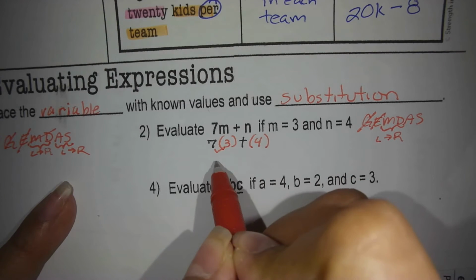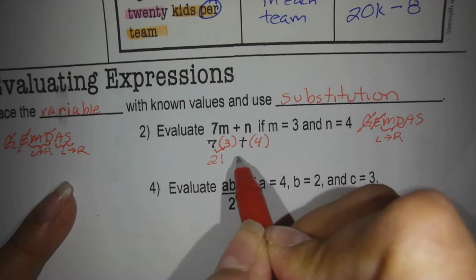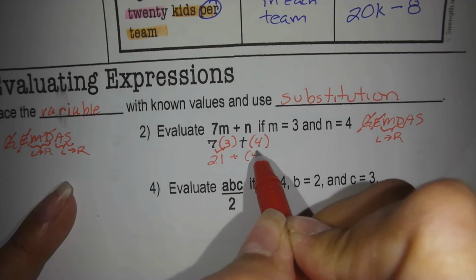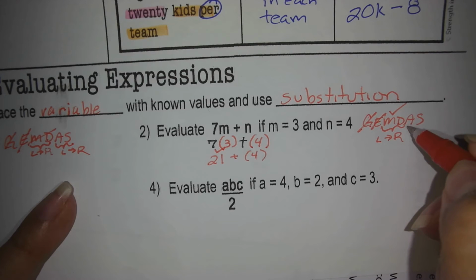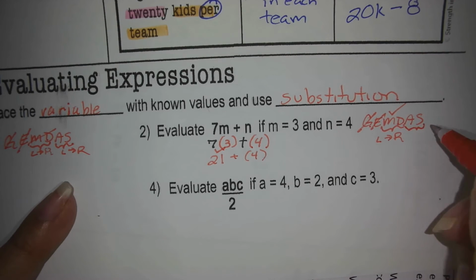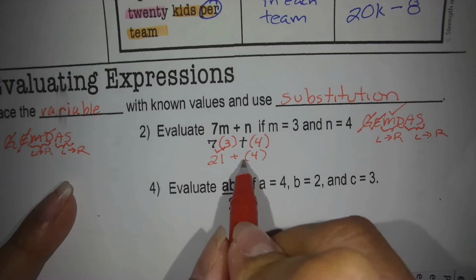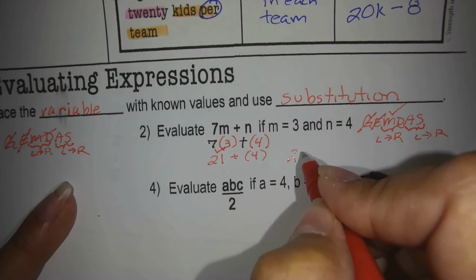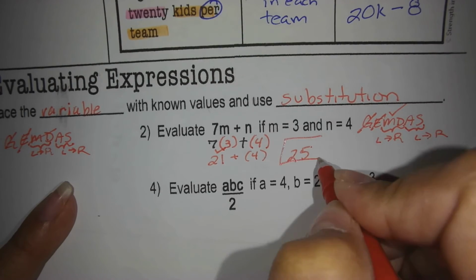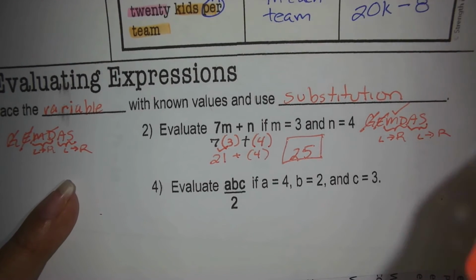So what's 7 times 3? 21. Copy everything else. Addition and subtraction, remember, it goes together from left to right. We have addition left. So what's 21 plus 4? 25. Boom. Next.